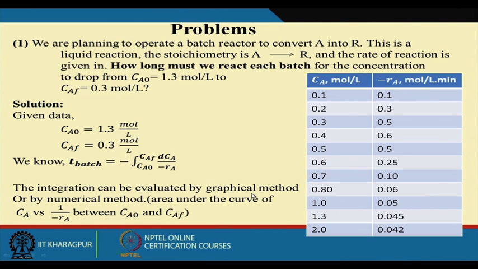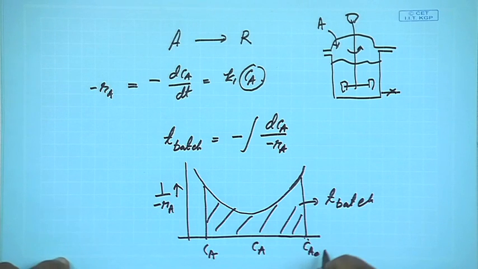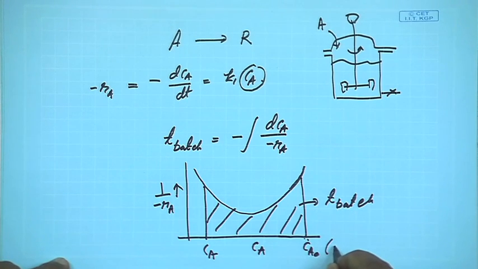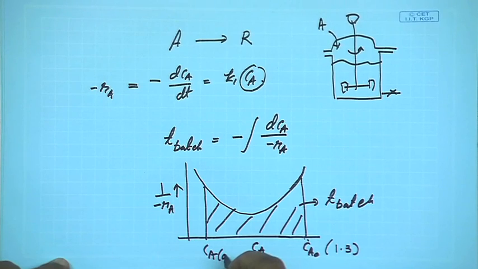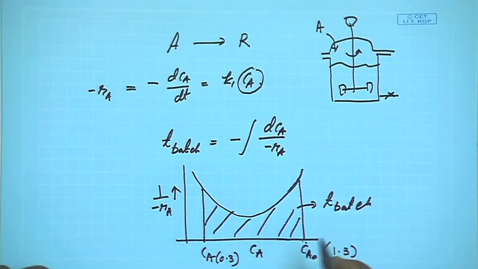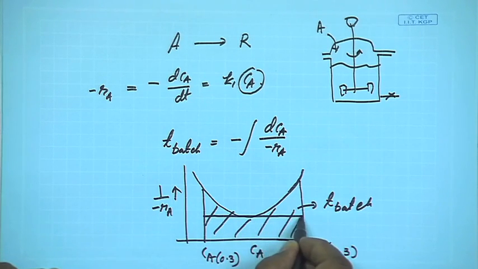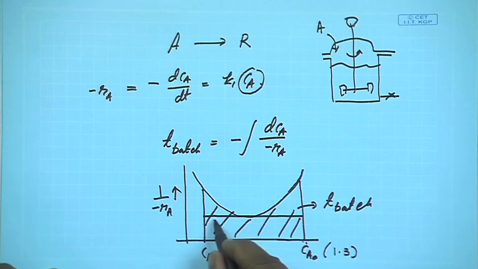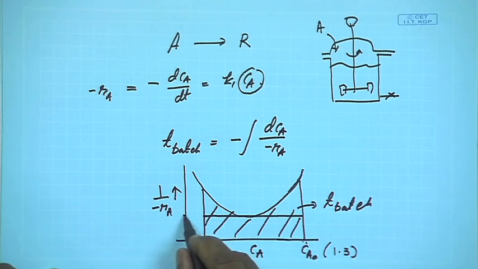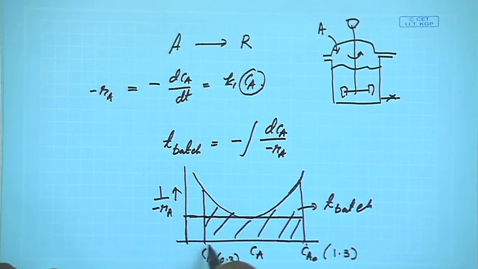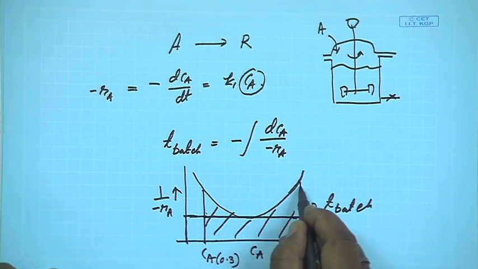Here CA0 is 1.3 and CA is 0.3, and we shall have to find out the area under this curve. How can you calculate the area? If you draw it like this, this is the area of a triangle: half base into altitude. You know the value of this, you know the value of this, you multiply them and find out the area.